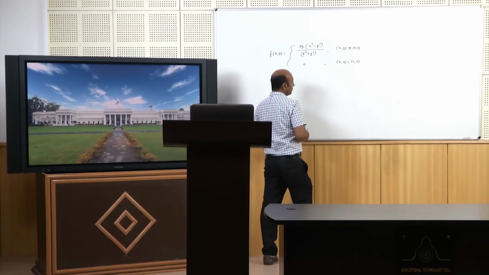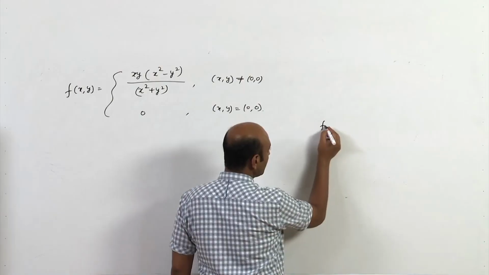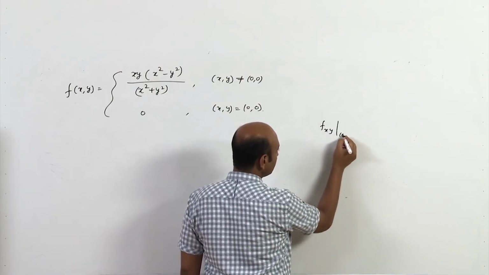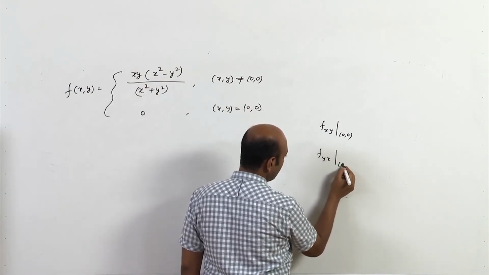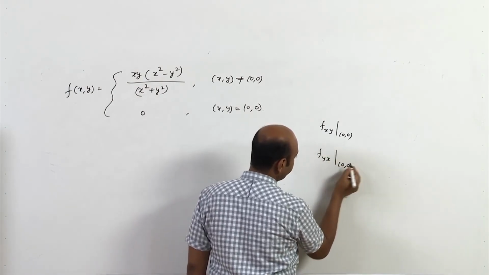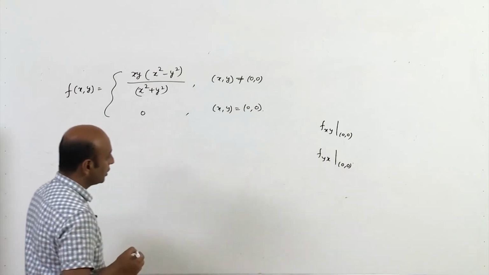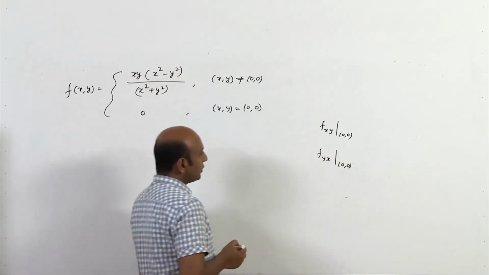So, let us compute f x y at the origin and f y x at the origin for this particular problem. Okay. So, what is f x y at the origin?